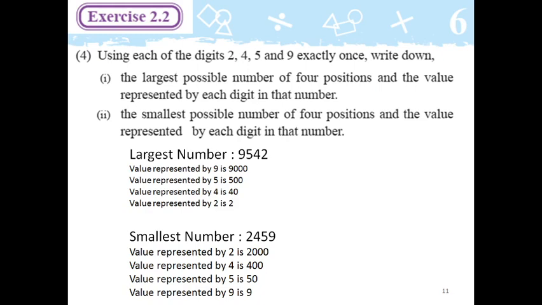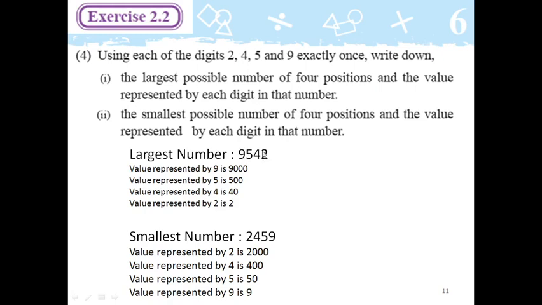So we have to write number of 4 positions and the value of each digit. So here we wrote the largest number and for each digit the value of the position.